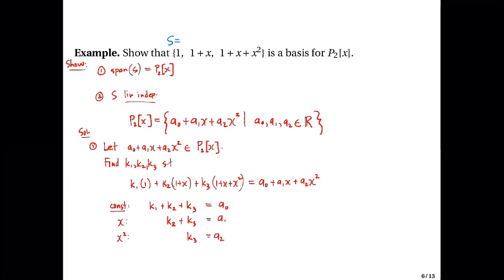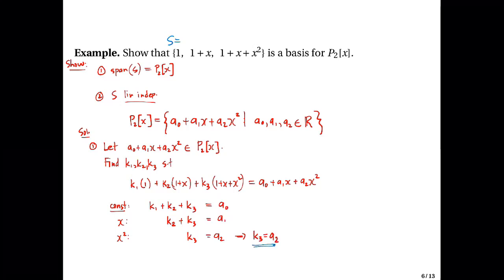And notice, this is very much similar to the previous problem. You will be able to find your k3 immediately using the third equation. So k3 equals a2. This is redundant, but let me write it anyway.